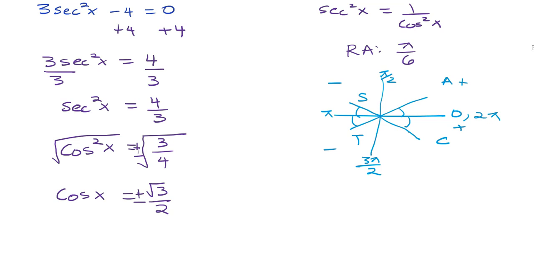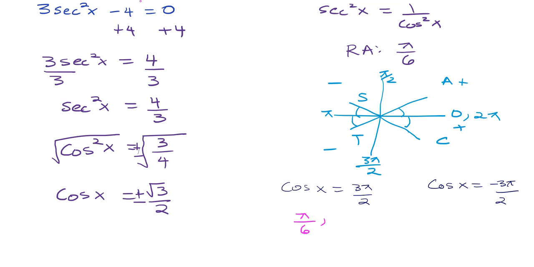So now let's go ahead and try to get our values. So we're going to start off with cosine x equal to the square root of 3 over 2, and then cosine x equal to negative the square root of 3 over 2. So let's go ahead and get some values here. Our first value is going to be pi over 6.